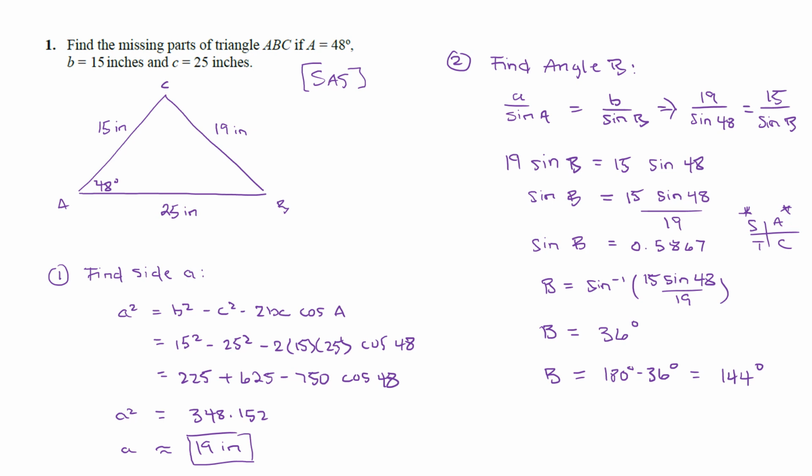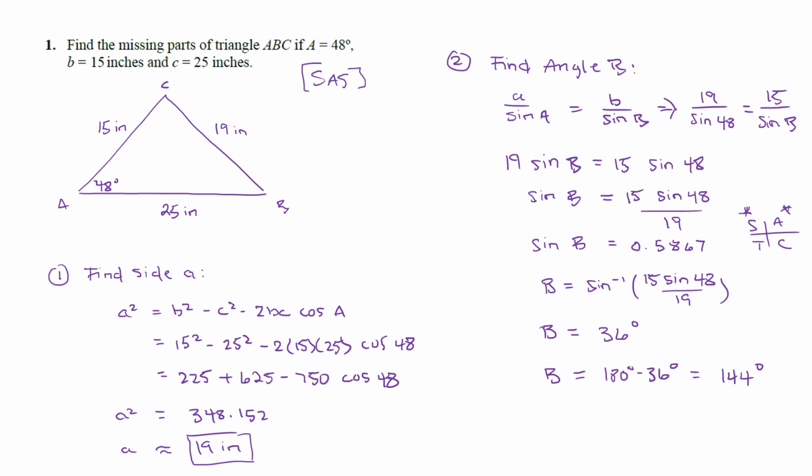So 36 is less than 48 degrees, which makes sense because side B is the shortest side, which means angle B should be the smallest angle. Okay, so that works.